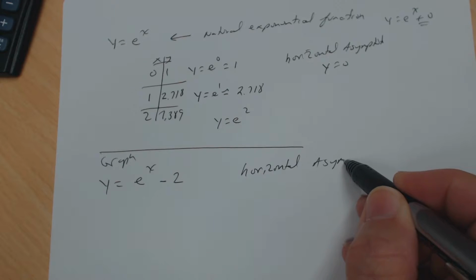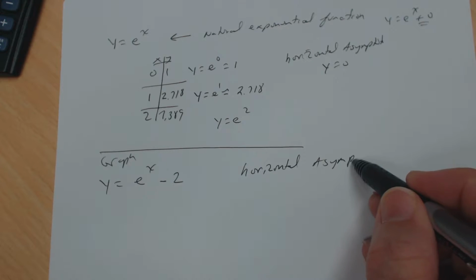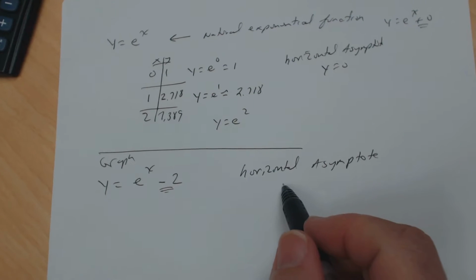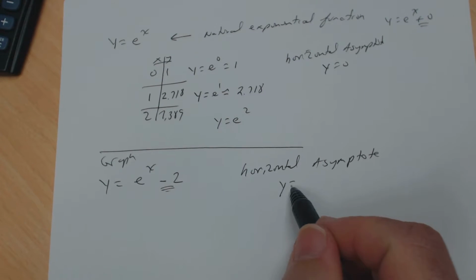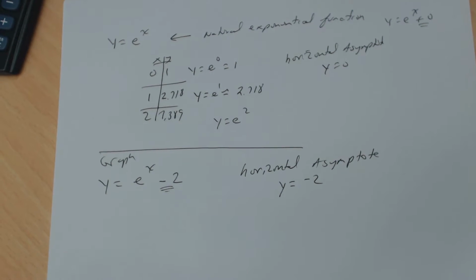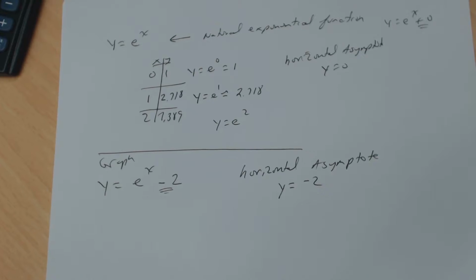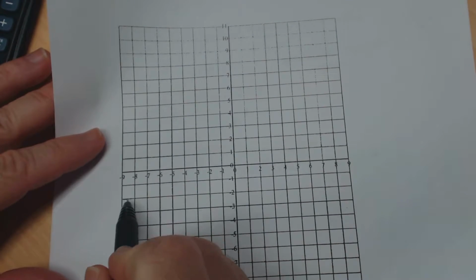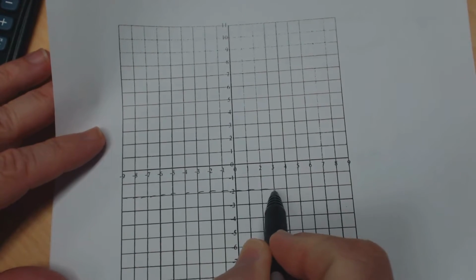Remember, it's horizontal, so we name a horizontal line y equals. So when I graph this, here's my horizontal asymptote, y equals negative 2.